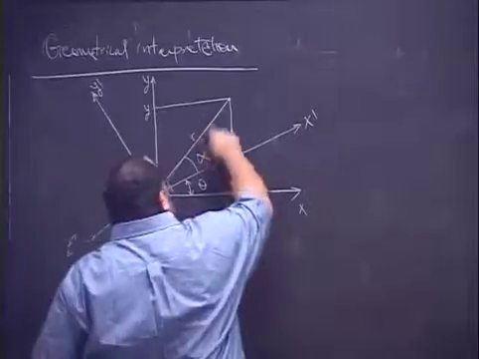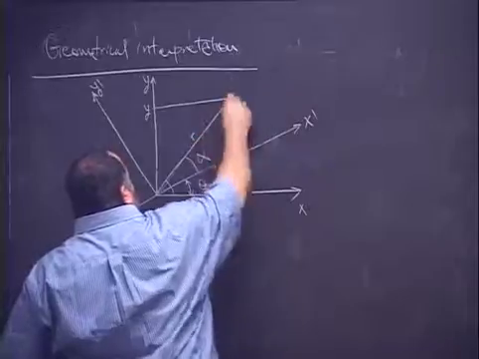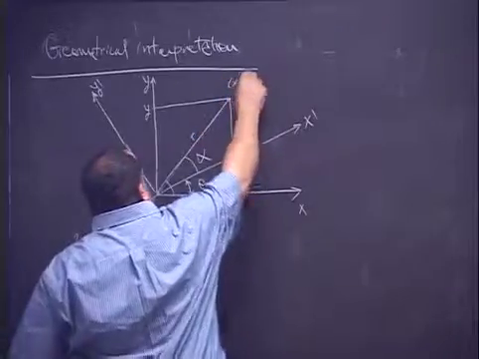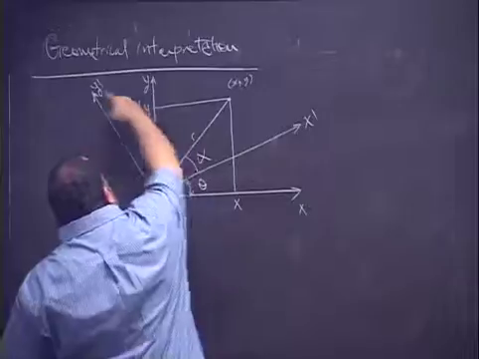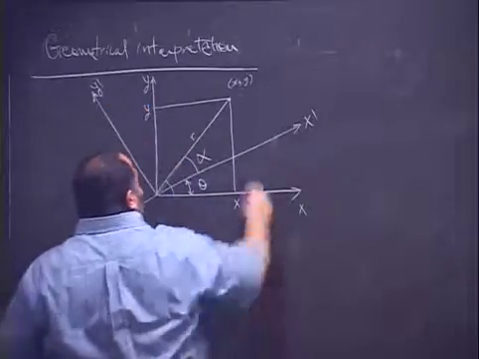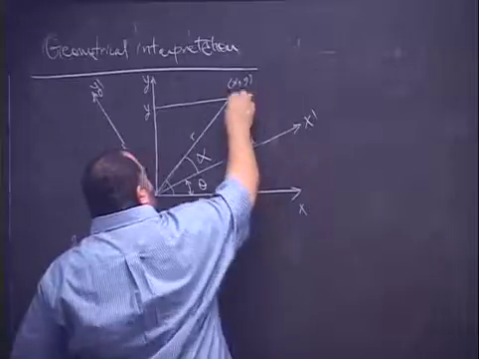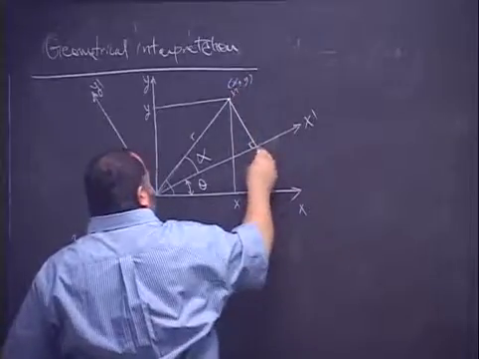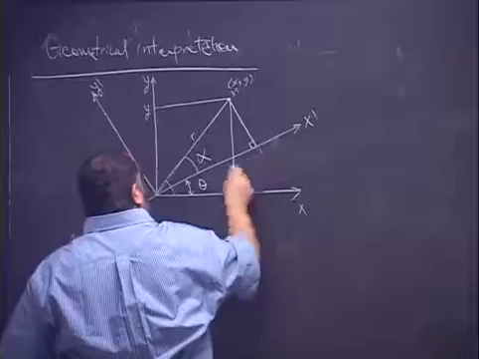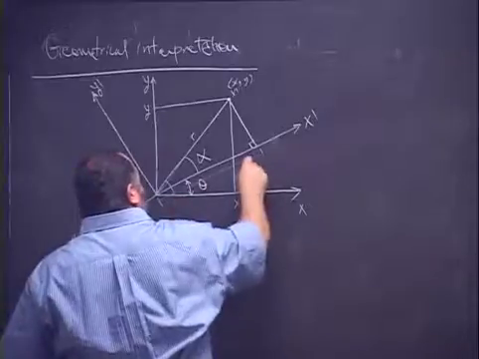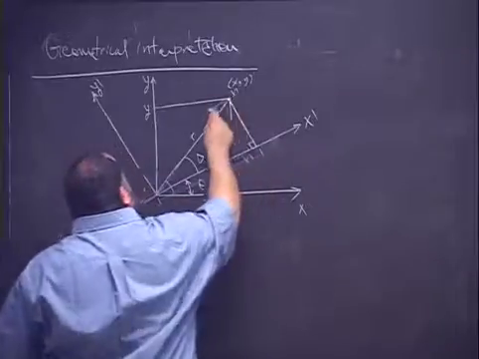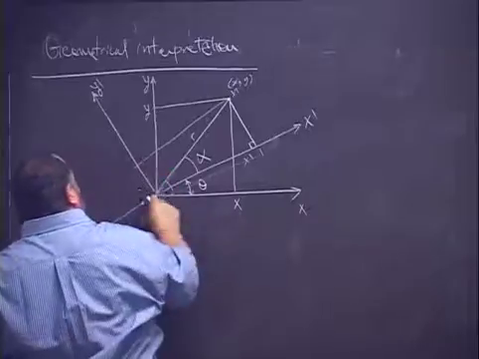Now, the vector r has points x and y. But with the new rotated axes, it will have x prime, which is all this length, and y prime, all this.